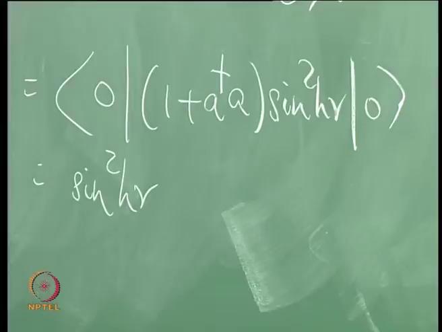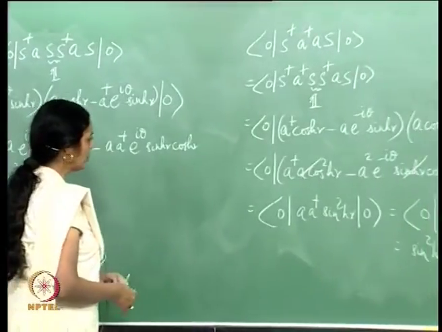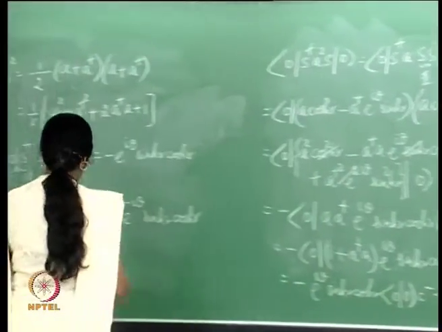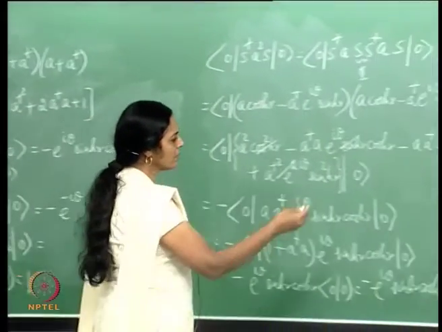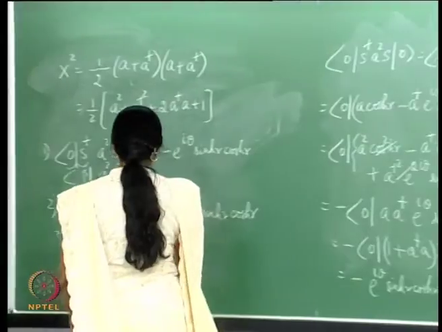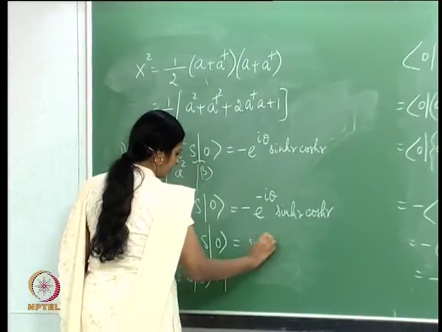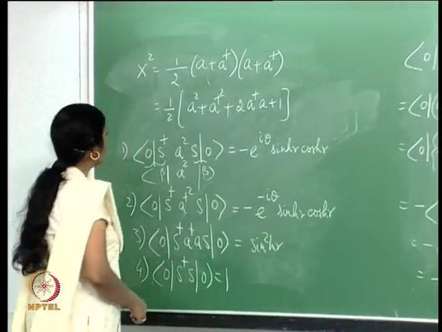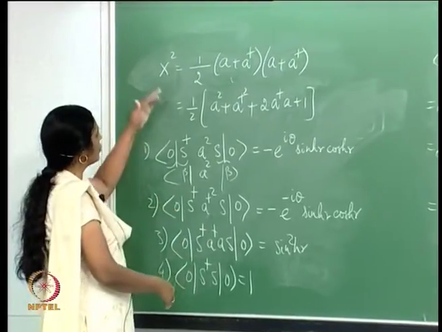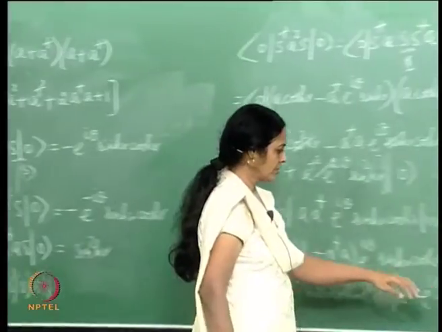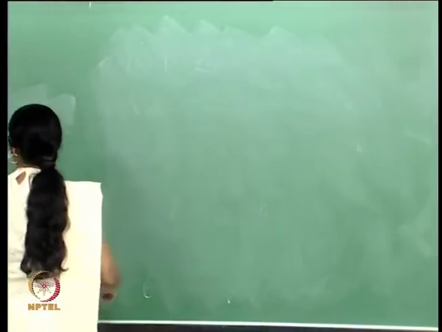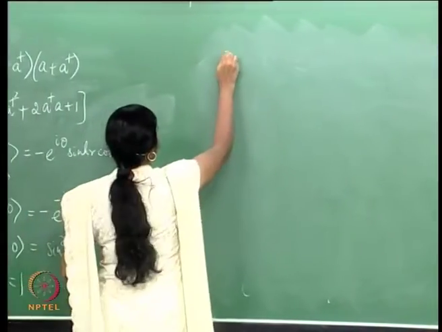So I have various terms which I have put down. This object is simply sin squared hr, and all we need to do is resubstitute these in x squared and find out the expectation value. So let us look at what is expectation x squared.